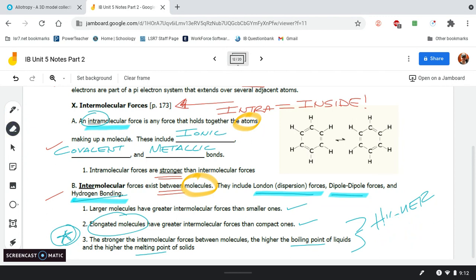And so maybe we don't say higher points, we just say everything is higher. So if they're asking you for the thing that has the most fill in the blank, then these things with more forces just have higher values. They normally ask about boiling or melting points, though. Okay, that probably doesn't make a ton of sense yet, but it will in a minute.